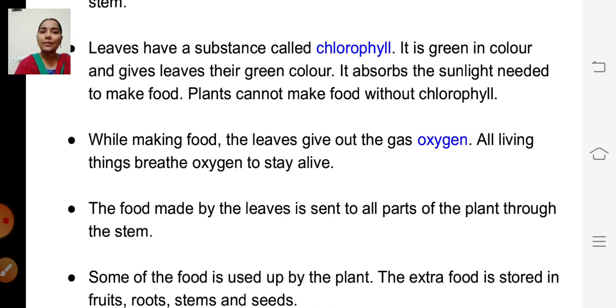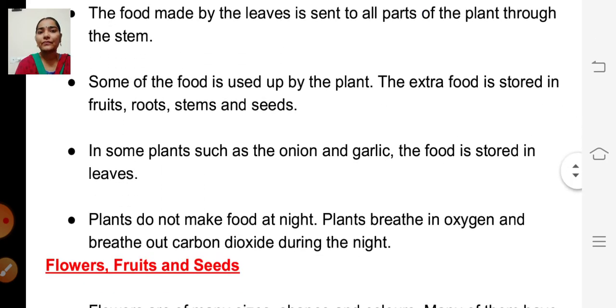The food made by the leaves is sent to all parts of the plant through the stem. Some of the food is used by the plant. The extra food is stored in fruits, roots, stems, and seeds.